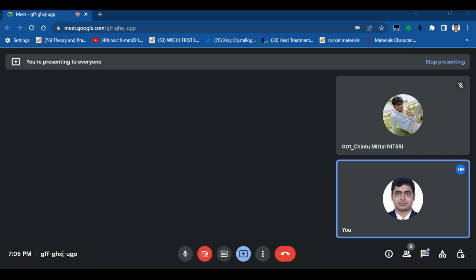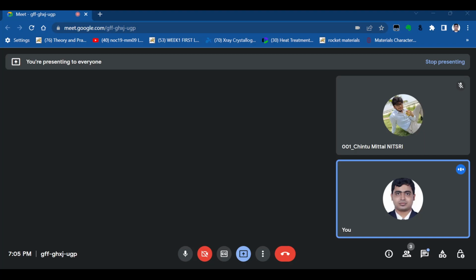Is it clear, or should I explain again? Any composition you take, you first draw a tie line. Wherever the tie line cuts the liquidus and solidus line, that will be the composition of liquid and solid at that composition. So for this 47 composition, the composition of liquid will be this and the composition of solid will be this.